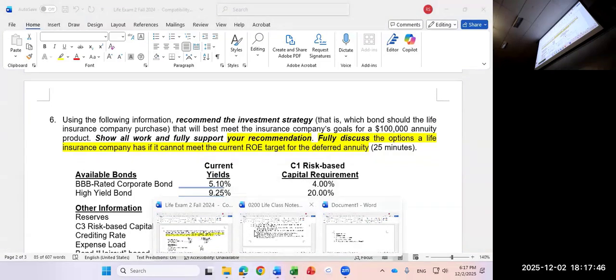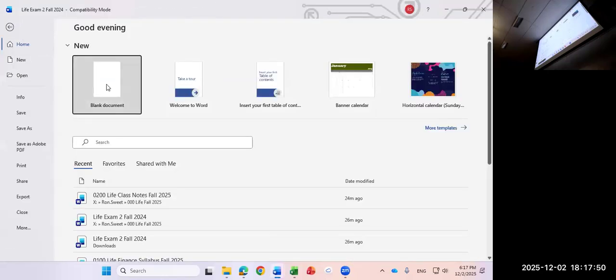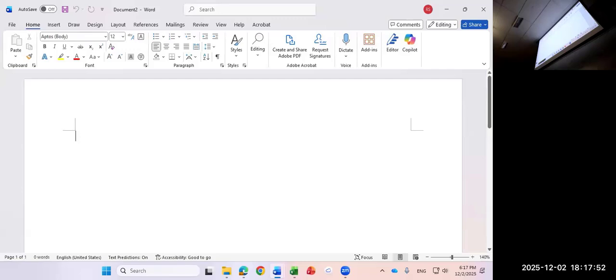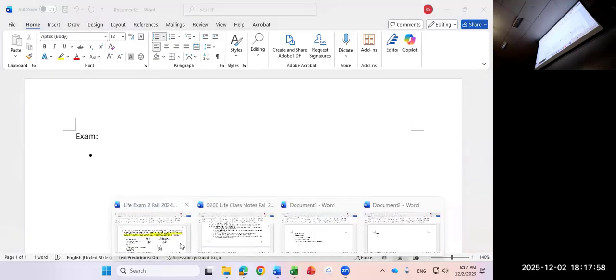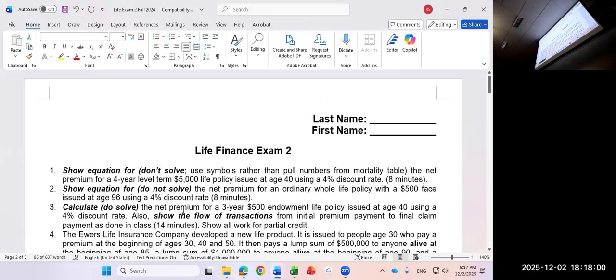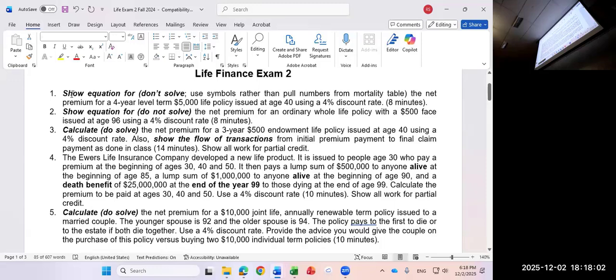So what we'll do Thursday, talk about the exam. And what the exam will do, I'll just show you now. There will be some questions that say, show equation, don't solve.